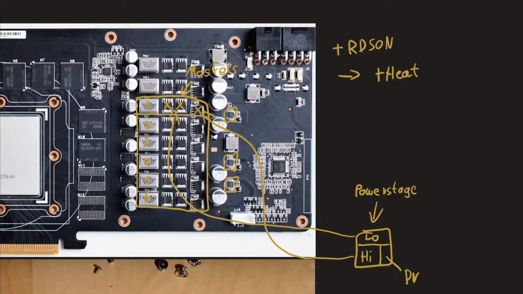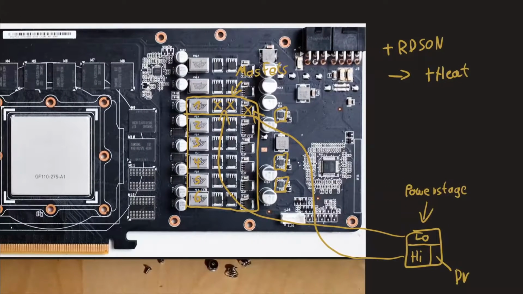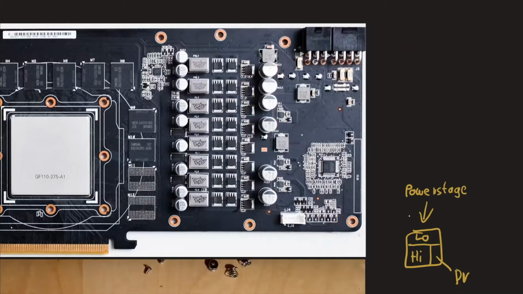So basically how hot a VRM gets is determined by the RDS on resistance of the low side MOSFETs, because the low side MOSFETs have to handle more current than the high side MOSFETs. So I'm gonna clean that up right here, and I'm gonna tell you what I'm talking about.